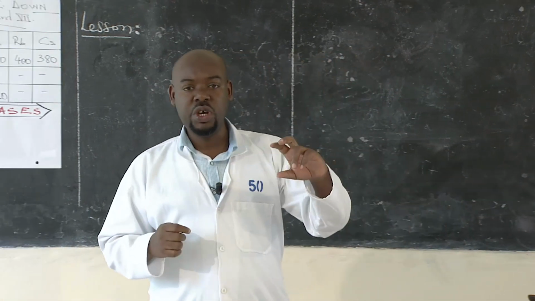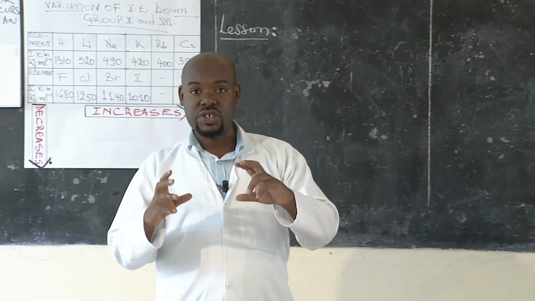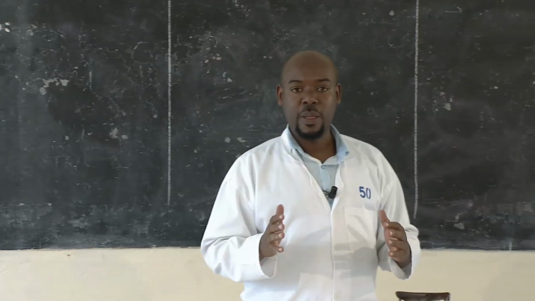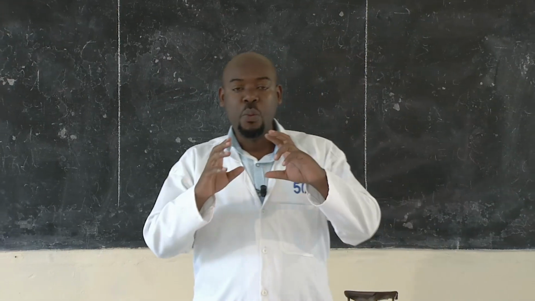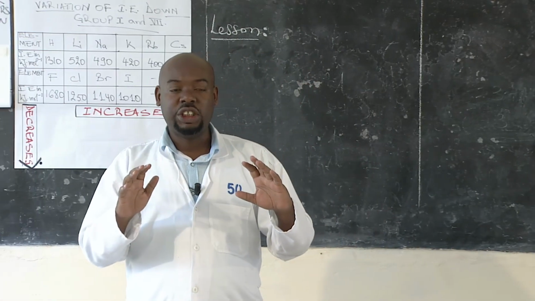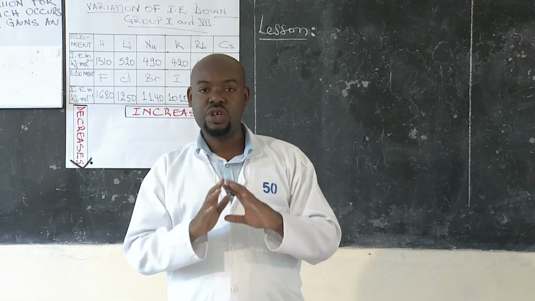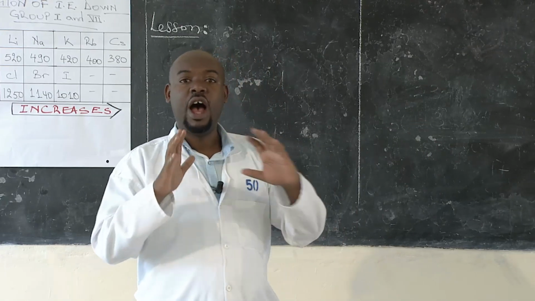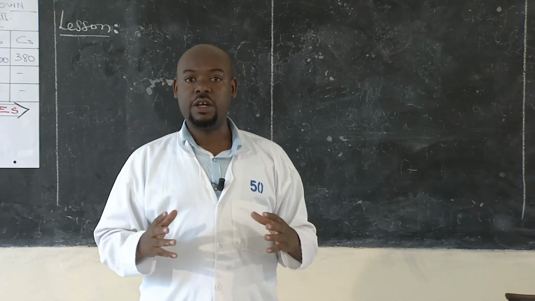As you move across the period, the nuclear charge increases. Why? Because the number of protons is increasing. But the screening effect remains constant because the number of energy levels is not changing.